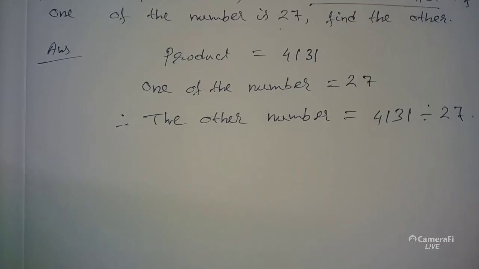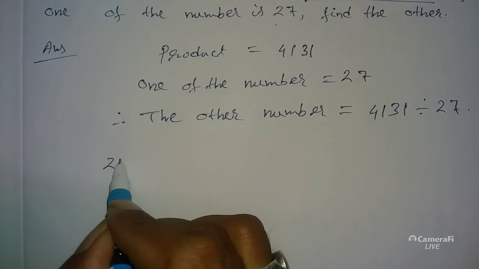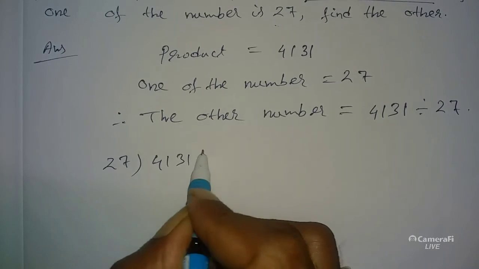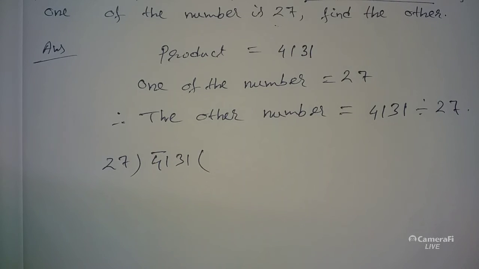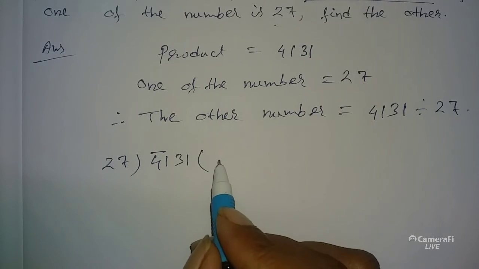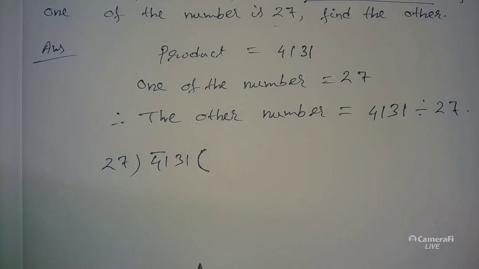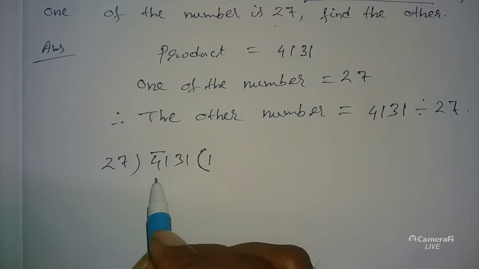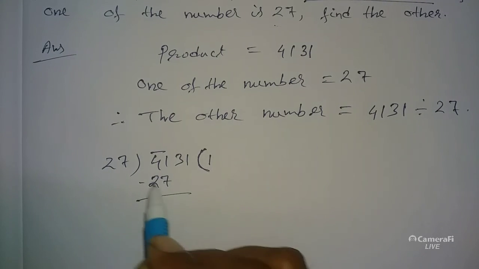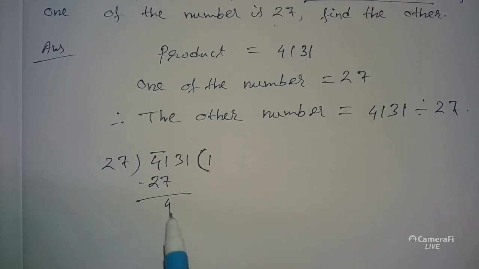Let us divide it by 27. 4131. Take the 2 digits 41. 27 1s are 27, 27 2s are 54. So 1, 27. Subtract, 4, 1, 14, 3.